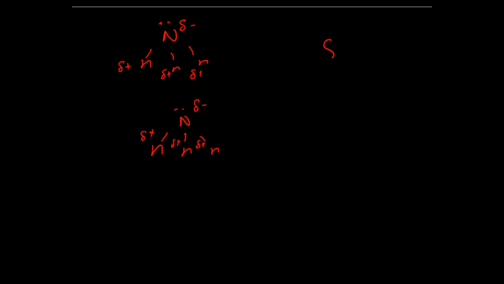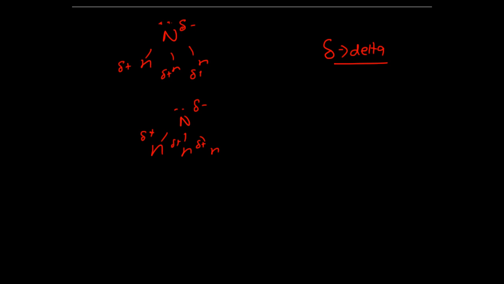Now this symbol is known as delta, that is partial charge, that is to some extent it has negative polarity. It means it is not the actual charge, it is just polarity. That is, it shows the electronegativity difference between nitrogen and hydrogen, that is delta.